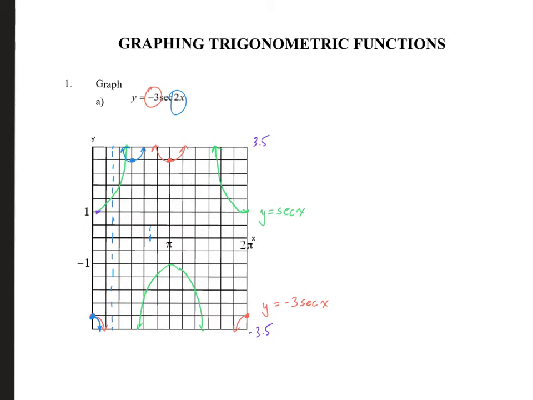So I then have that asymptote. My maximum that occurred down at 2 pi is now going to be half that distance, pi, with a big branch.